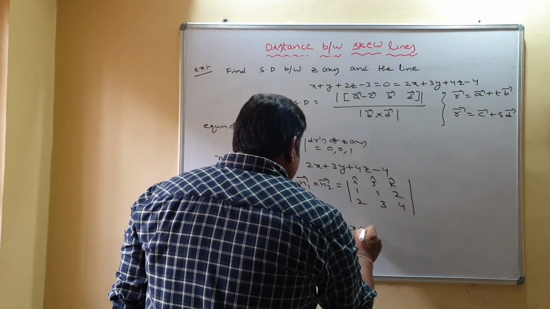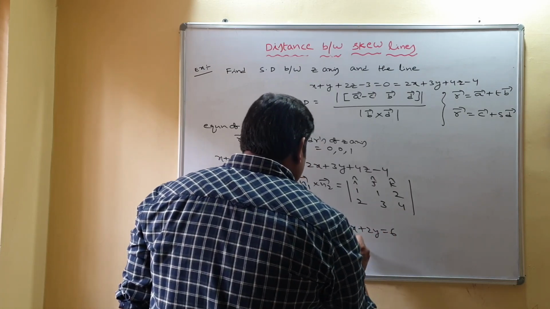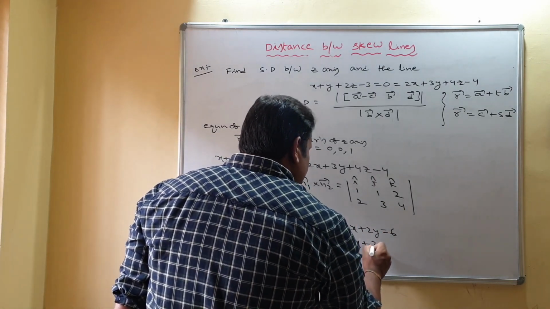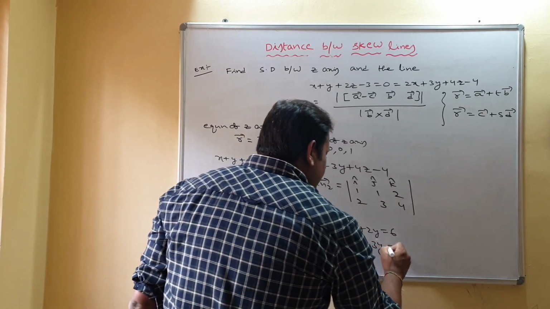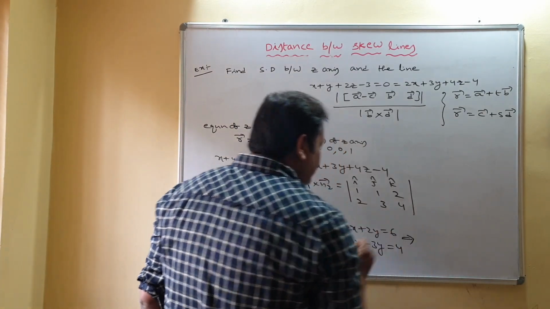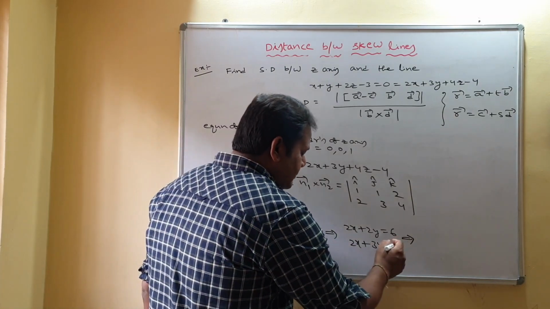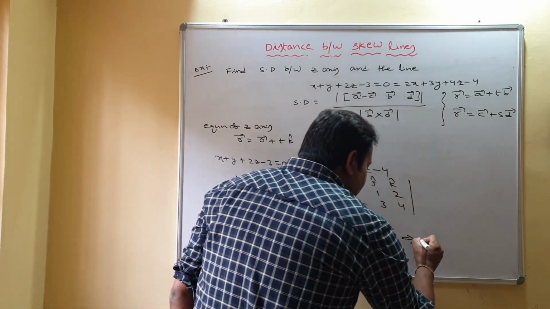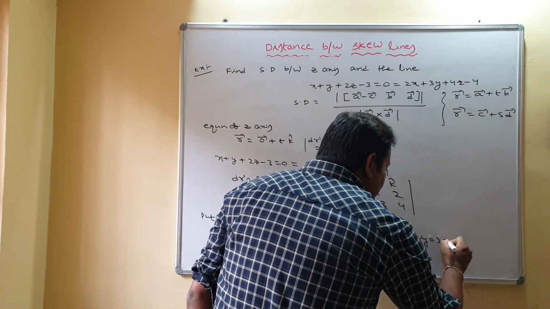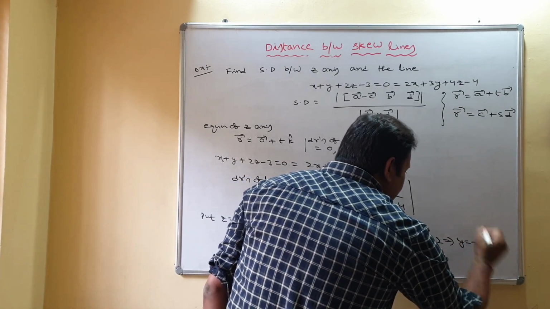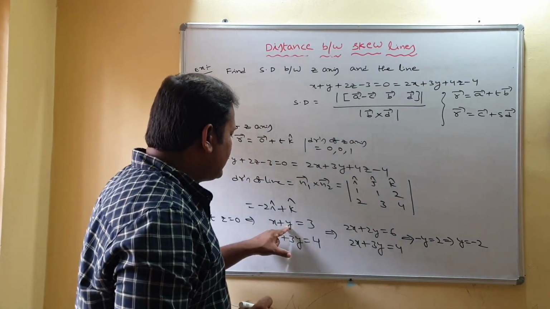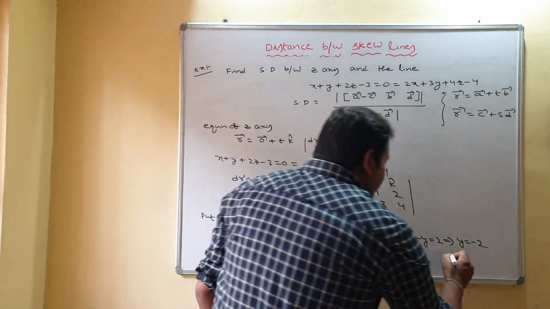So you solve these two: 2x plus 2y equal to 6, and 2x plus 3y equal to 4. Here 2x gets cancelled. If you go for subtraction, 2y minus 3y is minus y, equal to 2. So we got the y value as minus 2. If y is minus 2, x is 5.